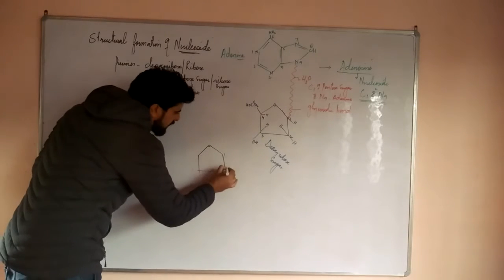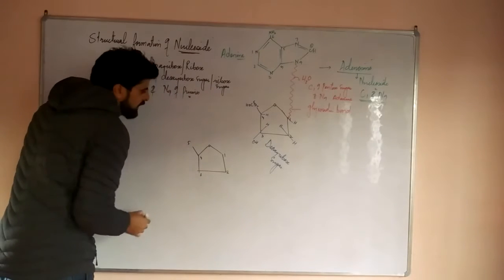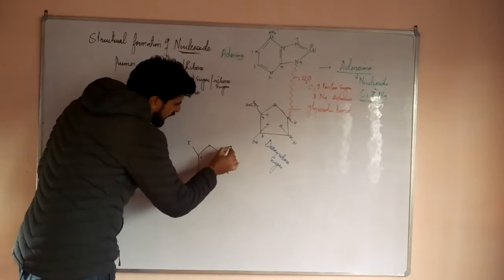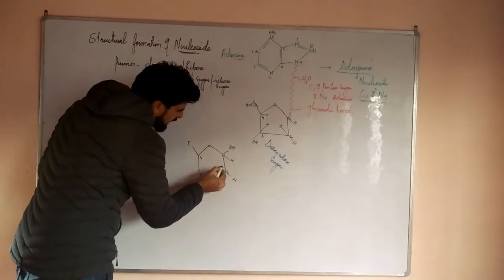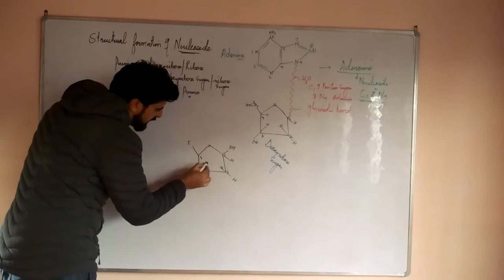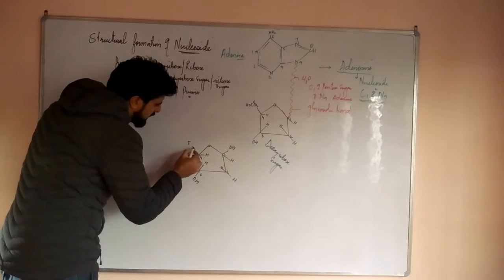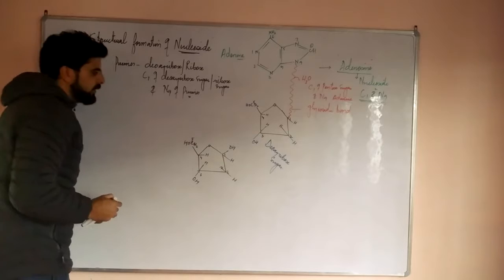Okay, this is carbon number 1, 2, 3, 4, and this is carbon number 5. Now on carbon number 1 we have OH and H, and on this carbon we have H and H in case of deoxyribose, and we have OH and H here. On carbon number 2 we have H, and on carbon number 5 we have CH2OH. Now this is carbon number 2.